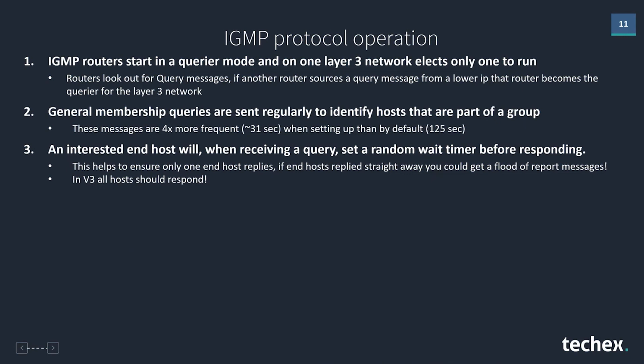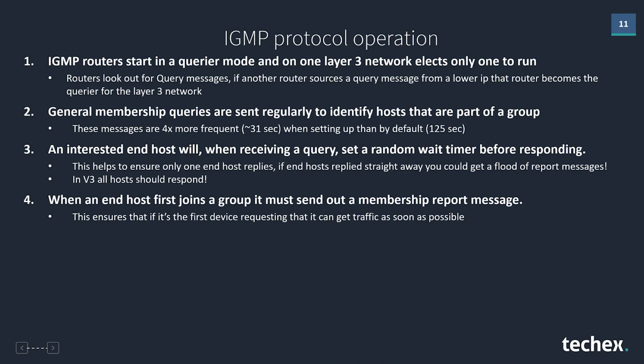What that then allows the other end hosts to do is identify if there are other people interested, and it then effectively stops this random wait timer from incrementing and that end host having to send out a duplicate query. This is then superseded in v3 because all hosts should respond. The idea there is that in v3, IGMP queries can track the state of every individual host.